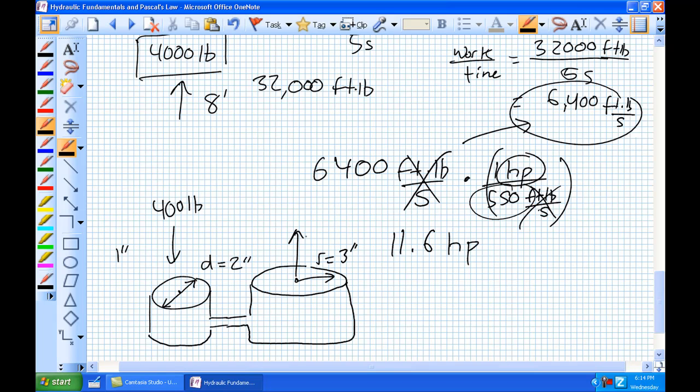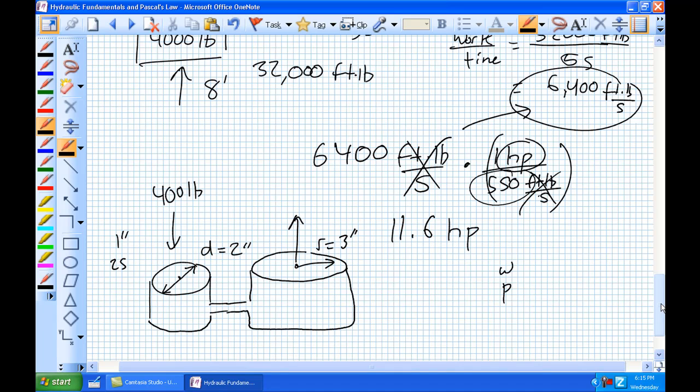And by the way, it did this operation in 2 seconds. So I want to know the energy, work, and power. Feel free to go ahead and stop this, give it a try, and we'll be right here waiting for you with the answer. Okay, so this is how we do it.